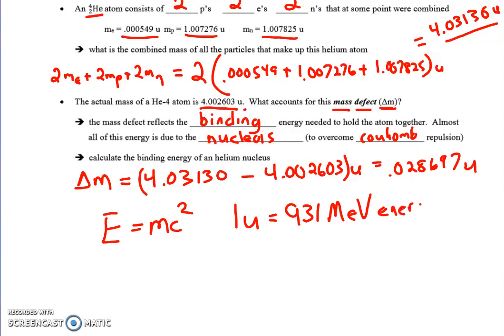That was the whole point of that conversion we did earlier. In this case, 0.028697 U were lost, and that's going to be equivalent to 931 times that. If we do the math, that's 26.7, and I'll just round it off there, MeV of energy.